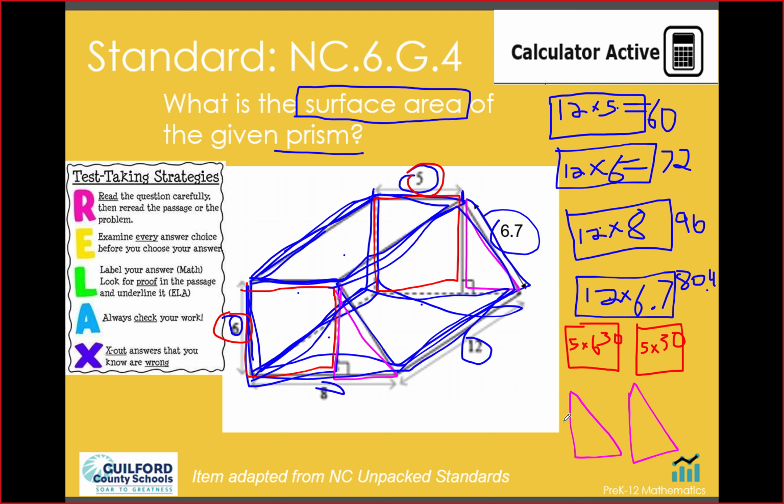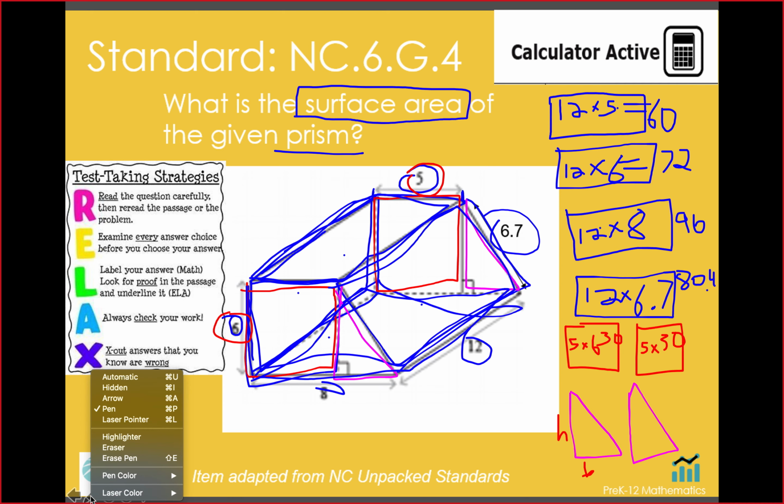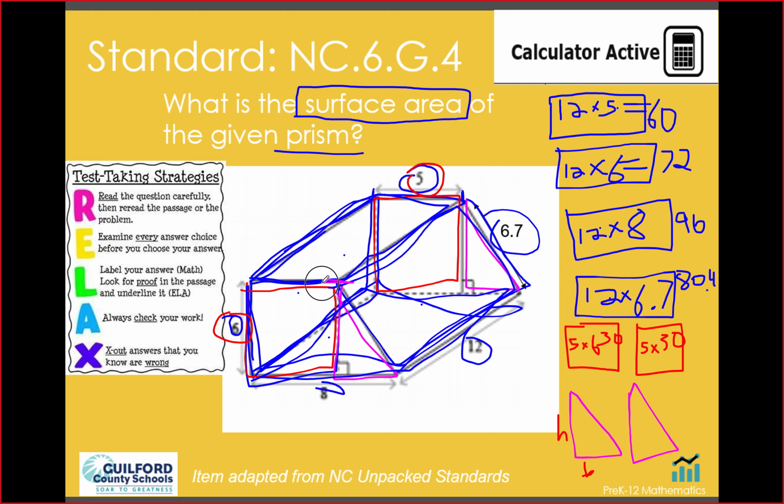So now we have to find the area of our triangles. Triangles can be tricky because it's the base times the height, but it's 1/2. So it's critical that you remember that 1/2. That's the easy part to forget, especially when we haven't done it in a while. So our height of our triangle, looking at the height from here to here, is 6.